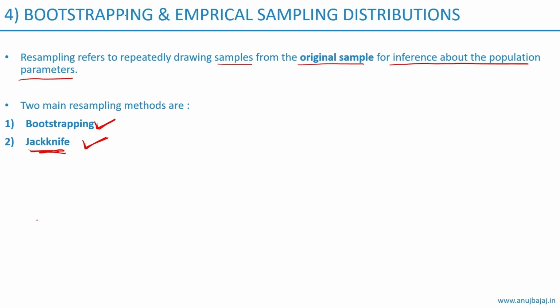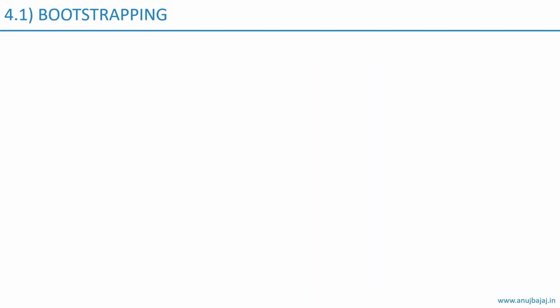Over the next few slides, we will be understanding what the bootstrapping method is. Now let us understand what the bootstrap resampling method is. Suppose this is the population data that we have, and from this population we randomly take out a sample, and from this sample we take out various samples, and these are referred to as resamples.